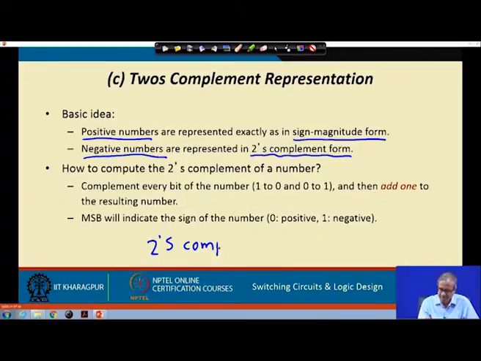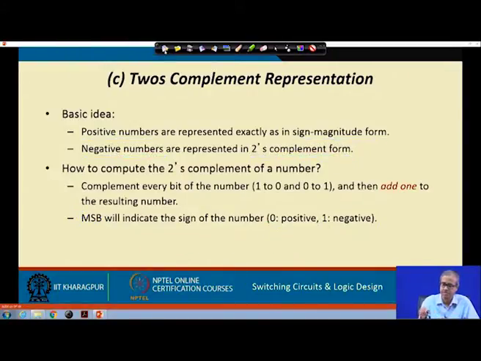The definition is simple. Earlier we had seen what is meant by 1's complement, just flip all the bits, then you add 1 to the number. This is defined as 2's complement, right. Complement every bit of the number and then add 1 to the resulting number. So, here again the most significant bit will indicate the sign, 0 for positive, 1 for negative.